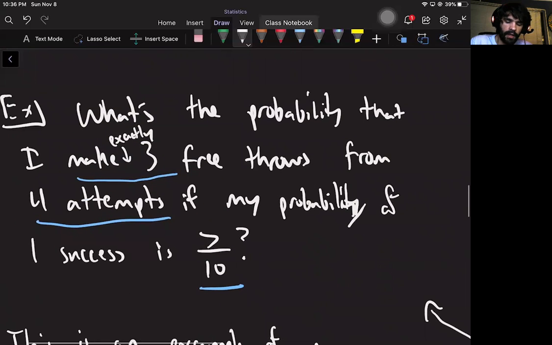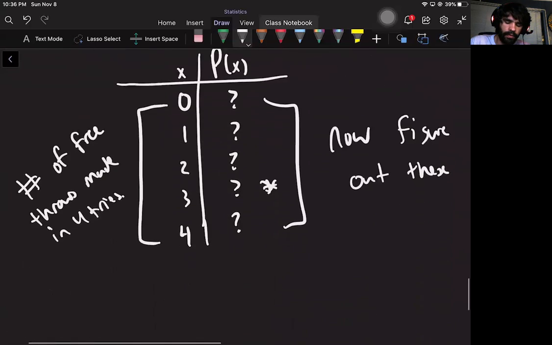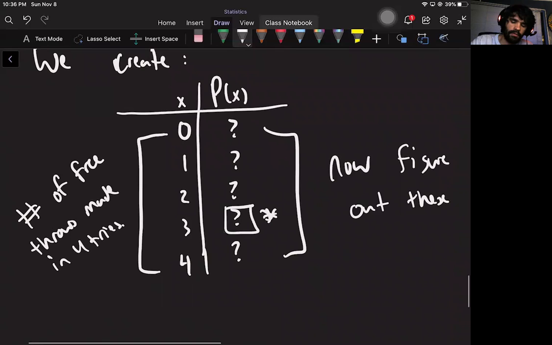What's the probability that I make exactly 3 free throws from 4 attempts if my probability of 1 success is 7/10? That's exactly what this is, finding that. But now we're going to do all 4. Okay, and it's not so bad. The reason we're studying these particular kinds of probability distributions is because they are easier to deal with. And we'll see that right now.